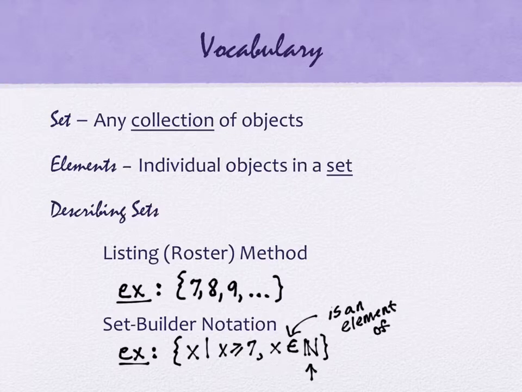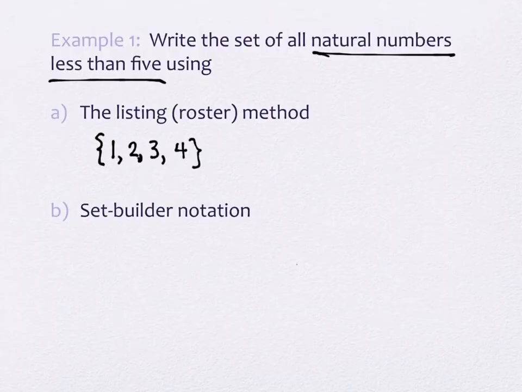If I'm talking about those fractional ones, there's no way to write them out that way, right? If I say I'm going to write it to the tenths, I'll use decimals. I'll write 1.1, 1.2, 1.3. I missed a whole bunch of numbers between 1.1 and 1.2. I can't always list it out. And that's actually the reason for the set builder notation, because sometimes the listing method just isn't possible. All right, so set builder notation, you start out with the same curly brace.